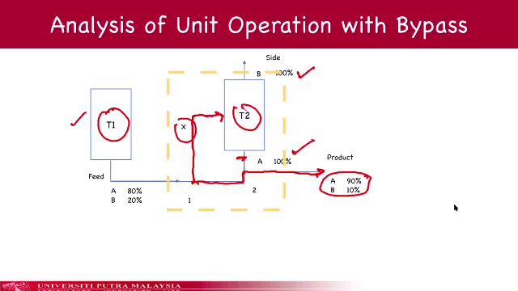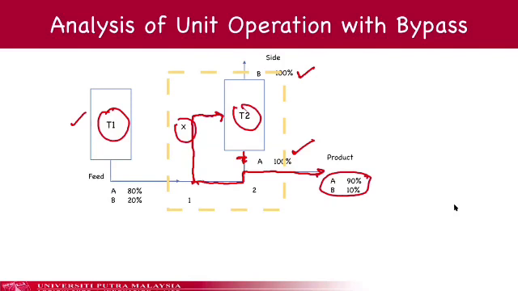So you have a perfect separation between A and B. You recover 100% of B as the top product, and 100% of A as the bottom product. So for all of this, the compositions of each of the components are known.